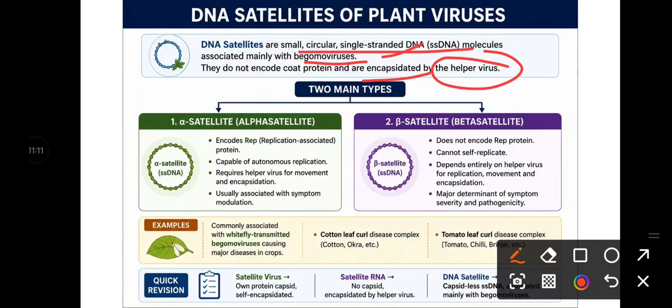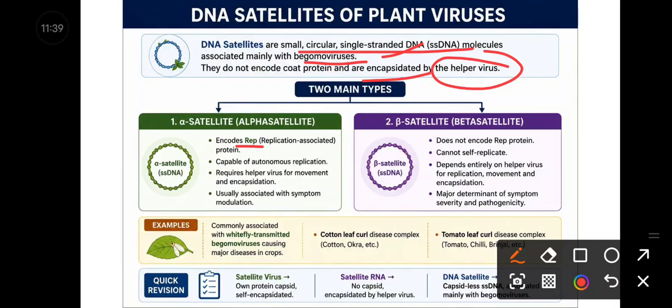And two main types of DNA satellites are there, that are alpha satellite and beta satellite. So the alpha satellites, the genome is the same, circular single stranded, but they are different based on the coding capacity. So alpha satellites generally encode Rep protein, replication associated protein.